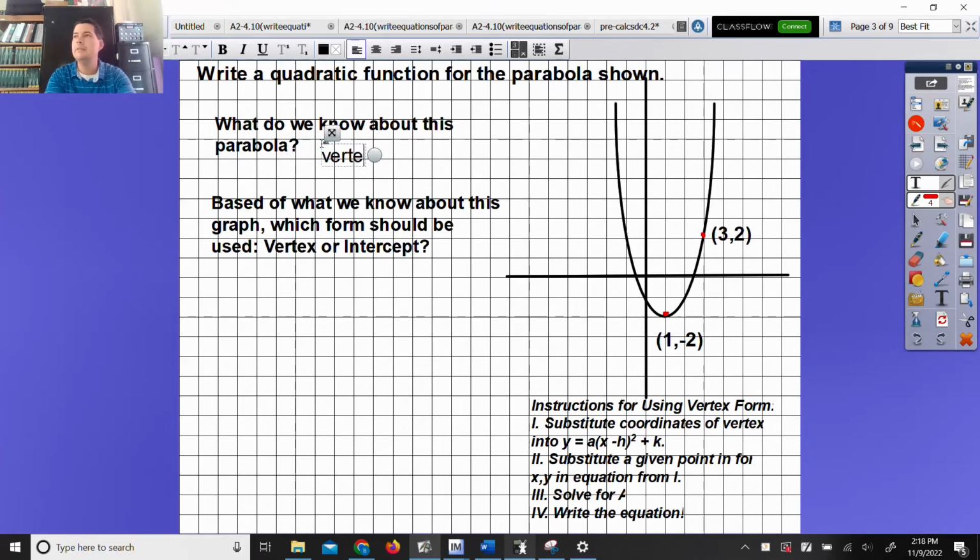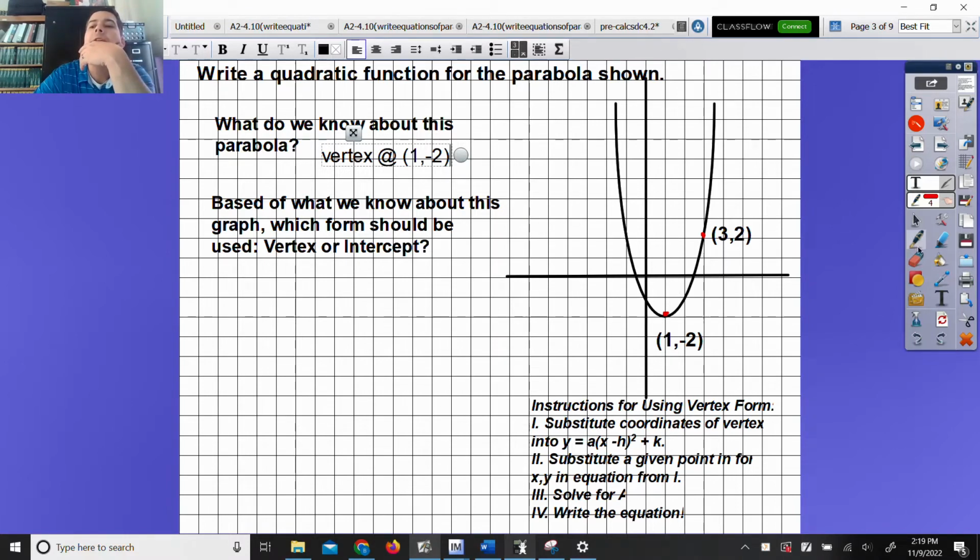What's the vertex? No, look at your graph. Casey, where's the vertex? 1, -2.